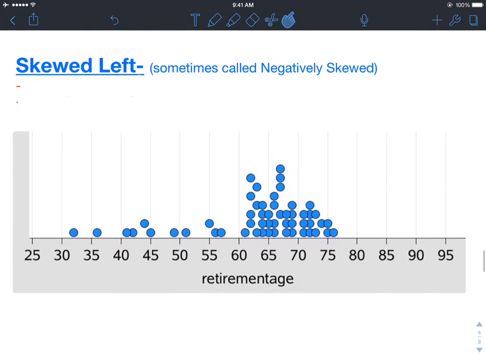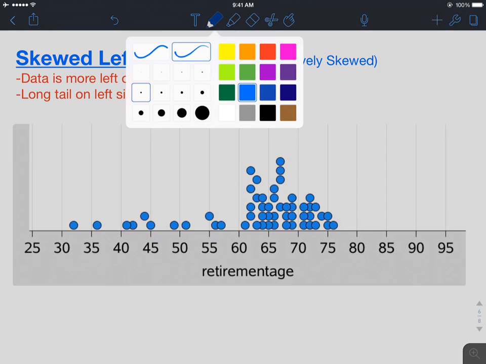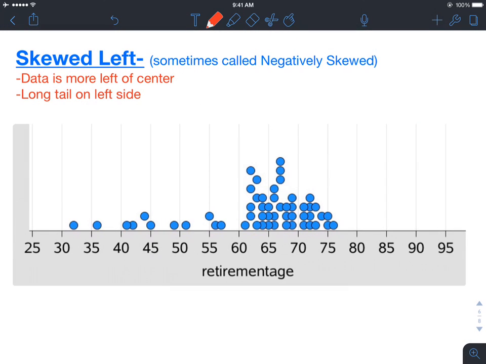Finally, to end this tutorial, I want to show you 2 things. Skewed left, sometimes called negatively skewed. When you're looking at a skewed left, its data is more left of center, and you usually have a long tail on the left side. A good example of skewed left would be retirement age.